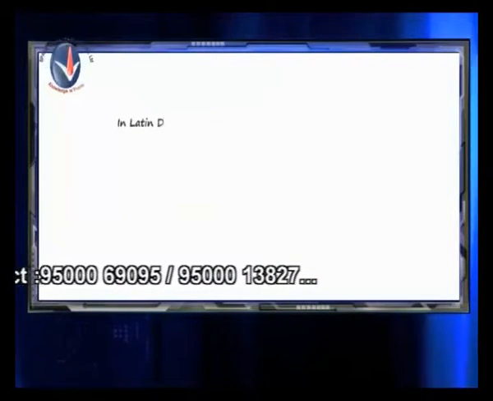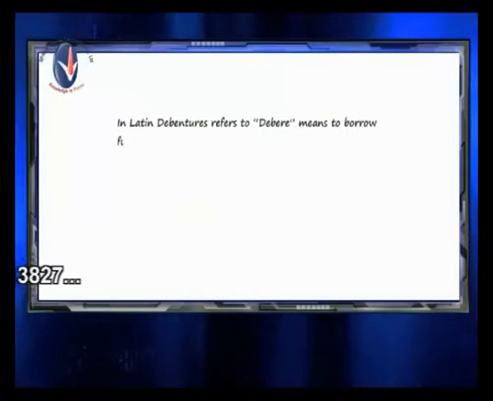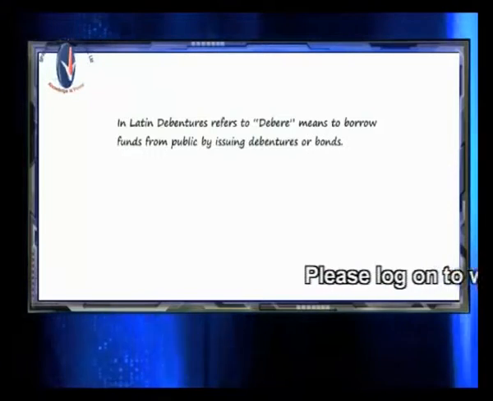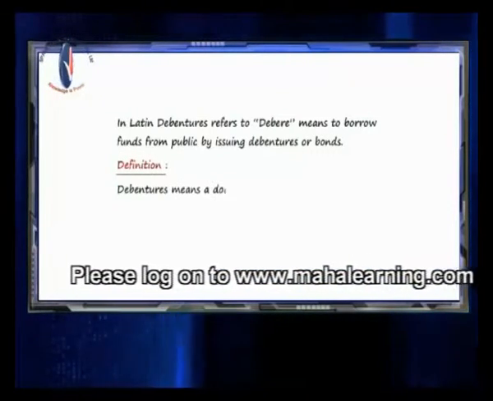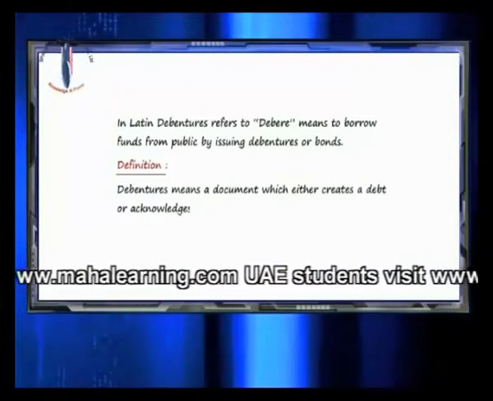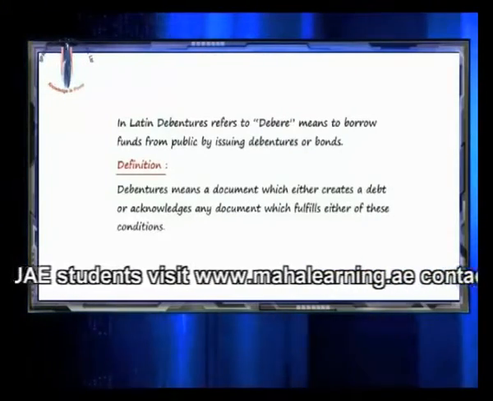In Latin, debentures refers to debere, meaning to borrow funds from the public by issuing debentures or bonds. Definition: debenture means a document which either creates a debt or acknowledges it.